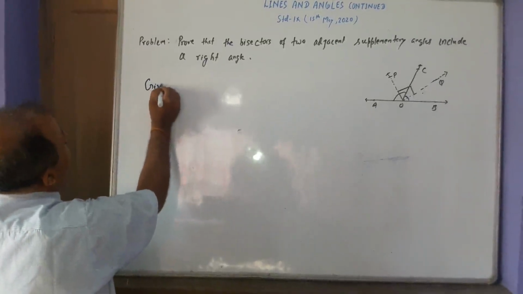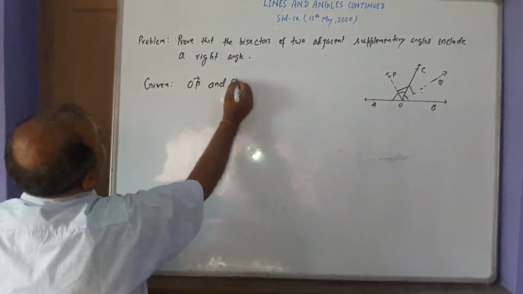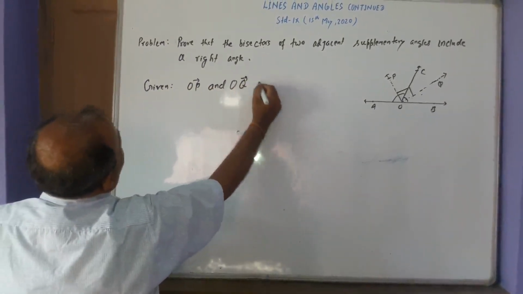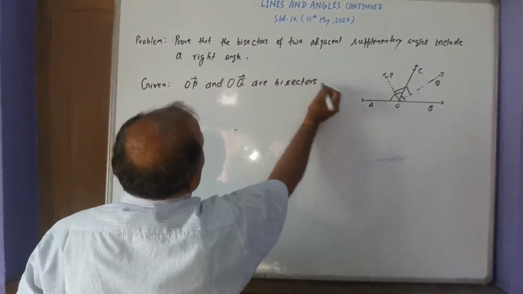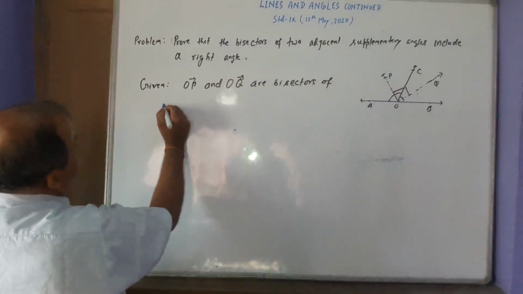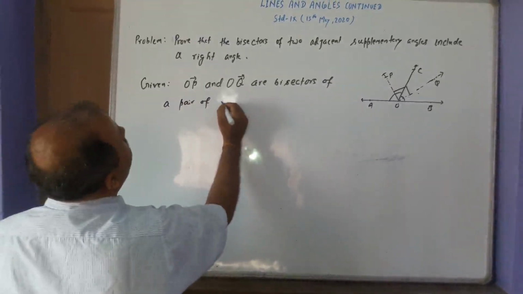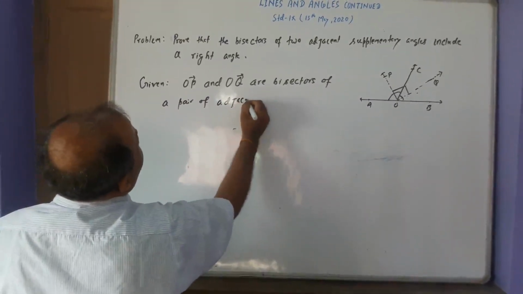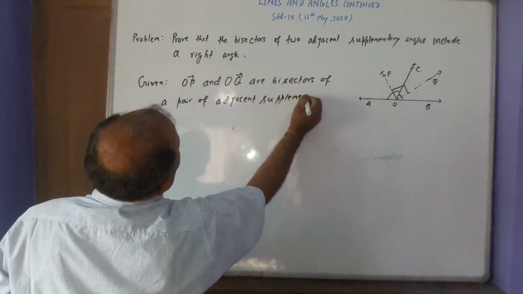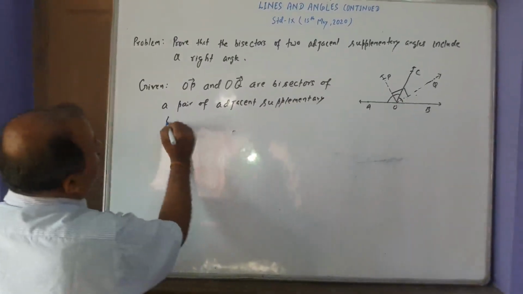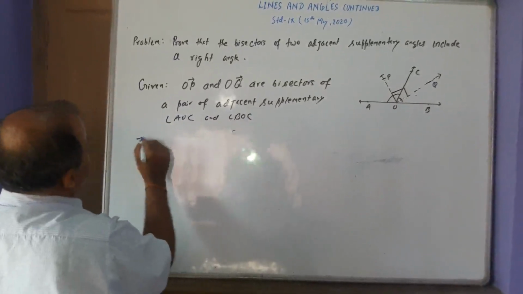Given: OP and OQ are bisectors of a pair of adjacent supplementary angles AOC and BOC.